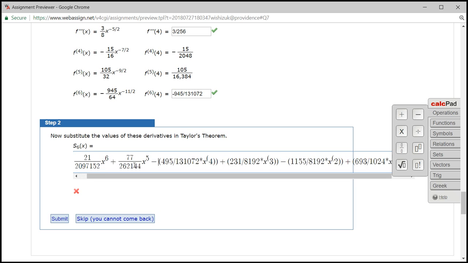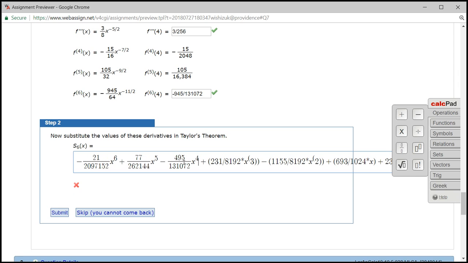So it's going to be negative 495 over, and I'm going to copy that, get rid of that, and put it in here. I'm going to get rid of that multiplication sign, and I have a 4 right there.